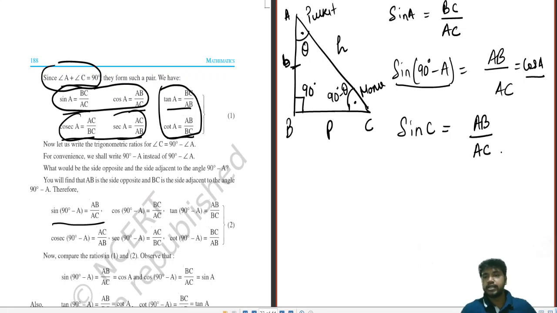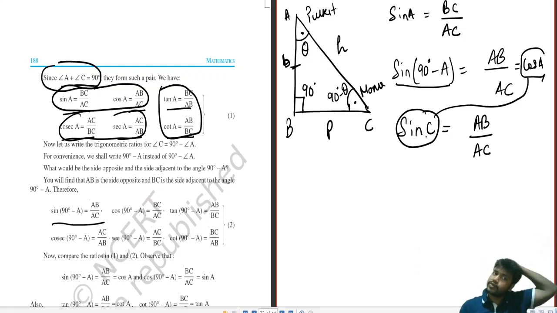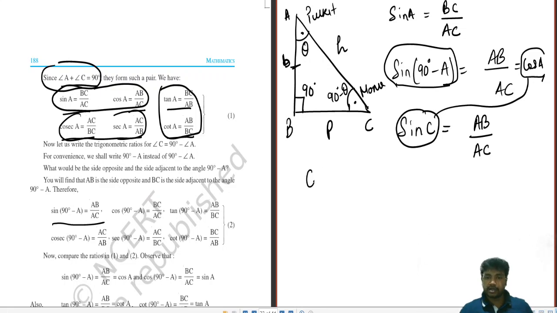So y'all can think over this कि sin C and cos A are both same, because angle A plus angle C is equal to 90 degrees. This is the concept of complementary angles. Sin 90 minus A is converted to cos A. Cos 90 minus A will convert into sin A.